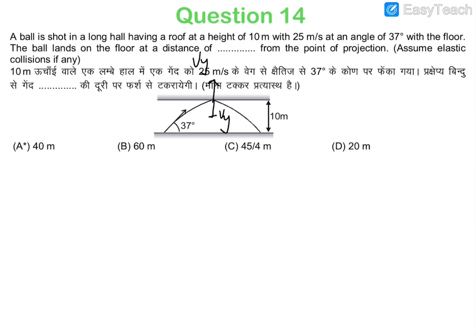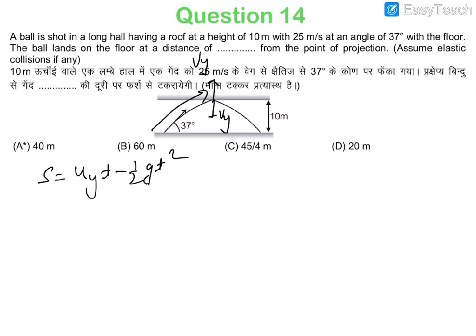So we have to find out the time. We can say that the time of ascent and time of descent would be same. So first of all we have to find out the time of ascent. So time of ascent is, let's suppose, t. To find out the t, let us use the equation s is equal to uy t minus half g t square.